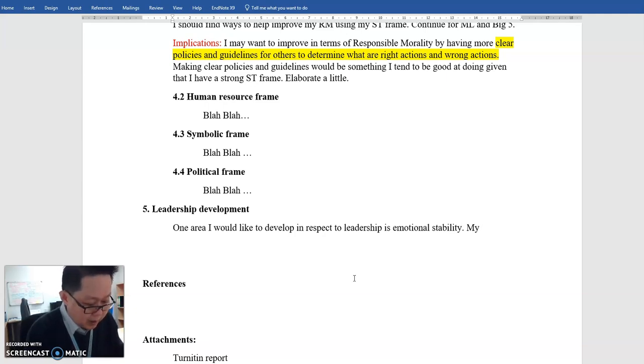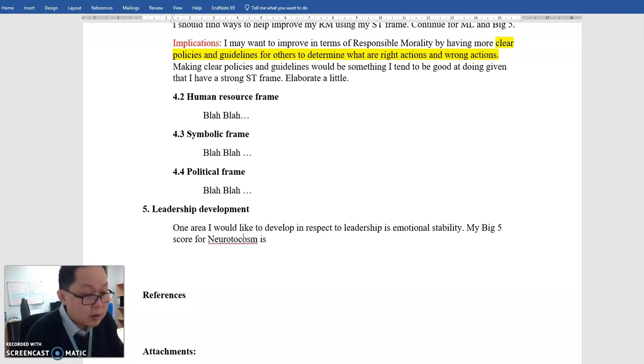My Big 5 score for neuroticism is relatively higher than average.